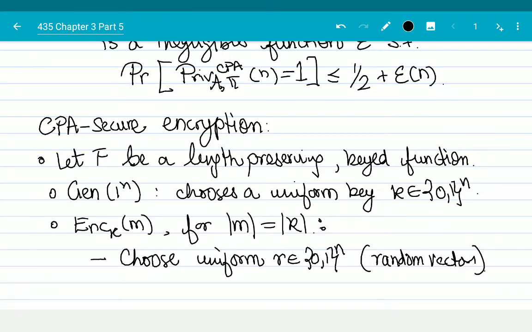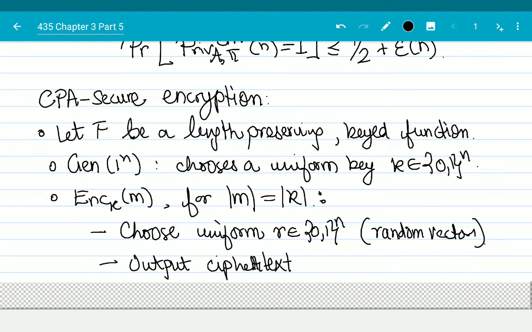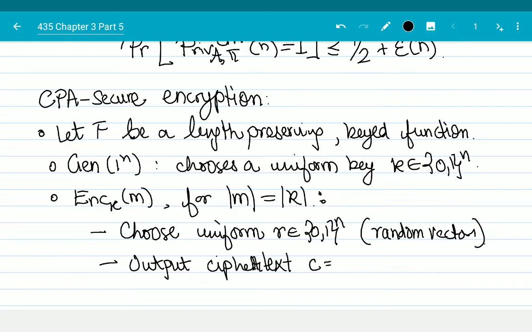And the output ciphertext c is equal to r, comma, F_k(r) XOR m.